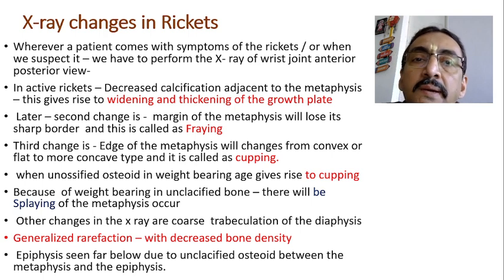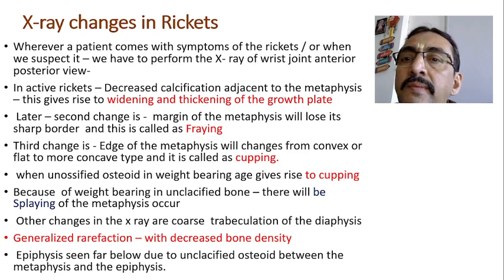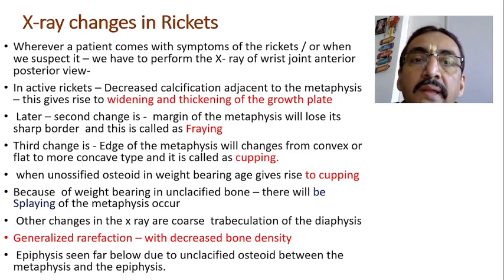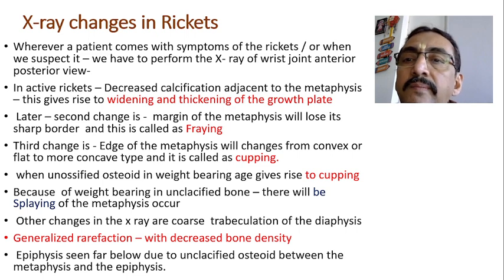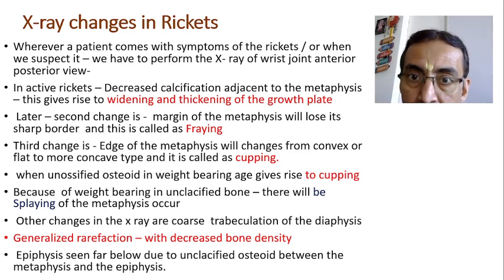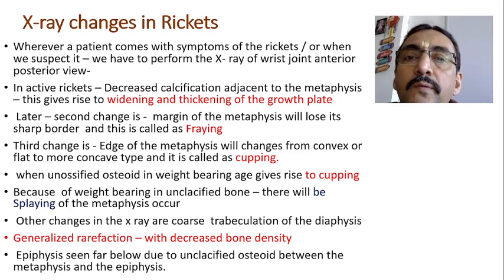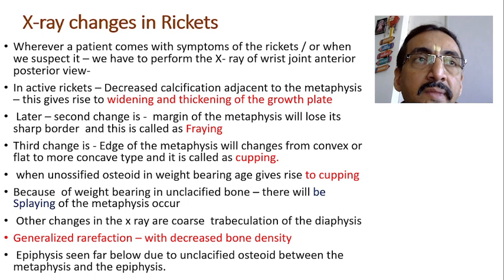So whenever a patient comes with the symptoms of rickets, or when you are suspecting rickets, we have to perform the X-ray of the wrist joint, AP view, anterior posterior view. This particular AP view of wrist X-ray will give maximum information. The reason why we select the wrist joint, I already told in the last class.